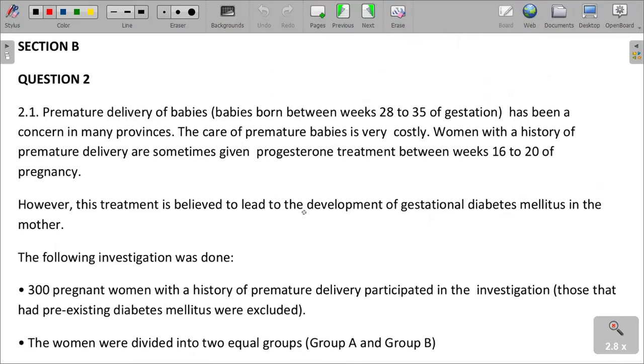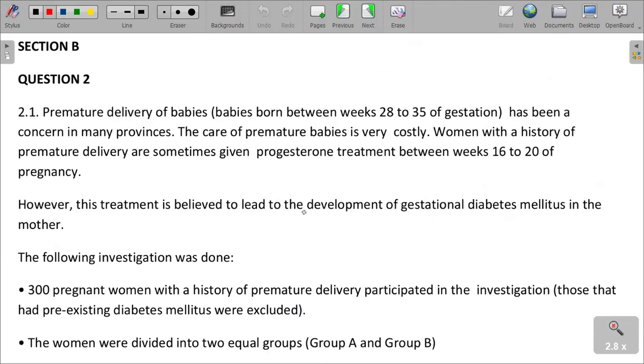So what the question wants us to understand here is that this treatment is believed to lead to development of gestational diabetes mellitus in the mother. The mother will suffer from diabetes mellitus, which usually happens during pregnancy.